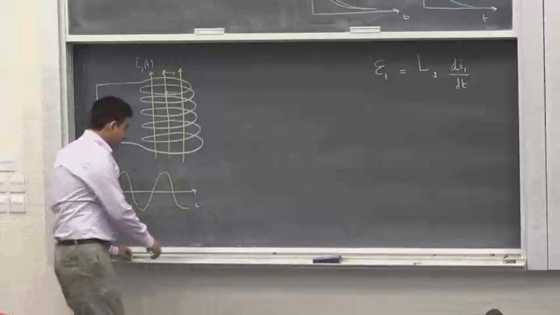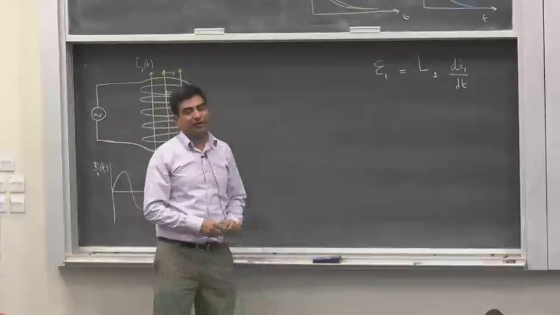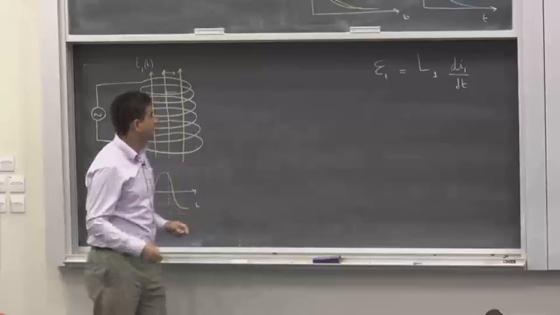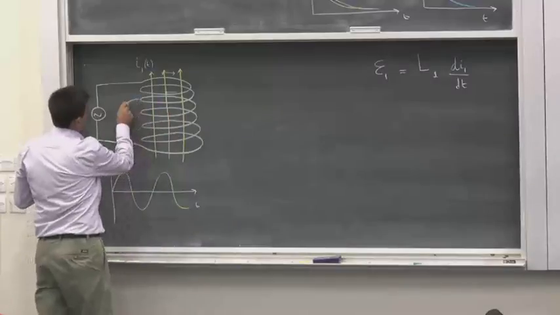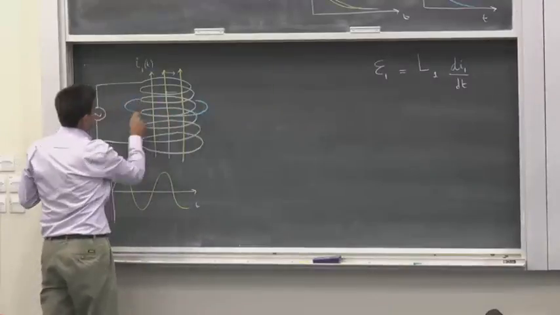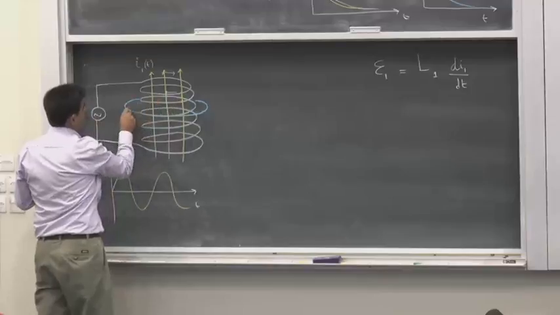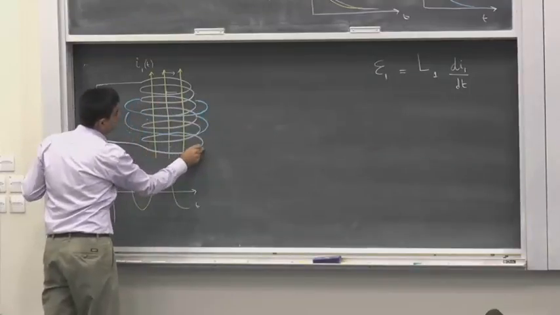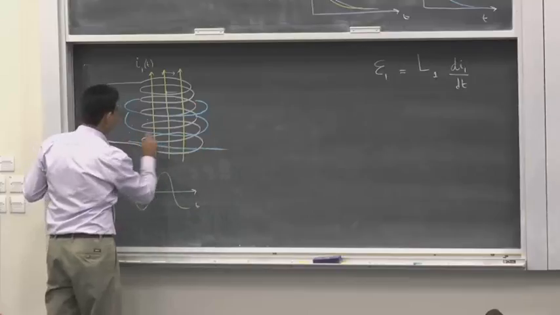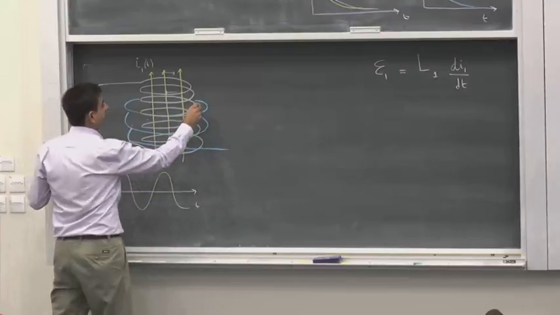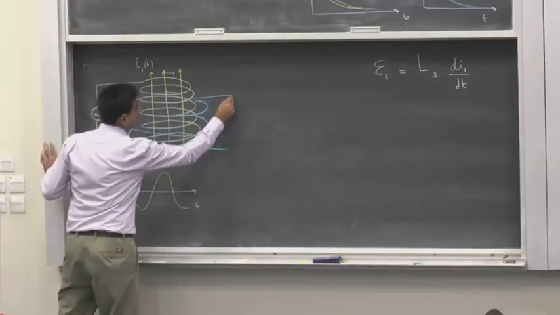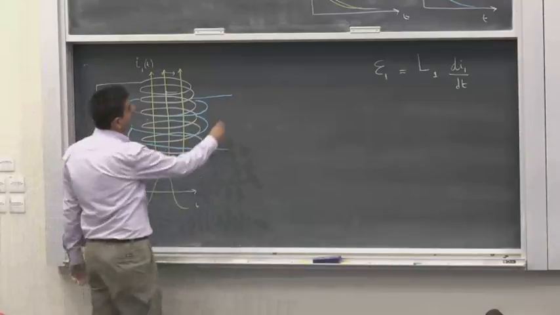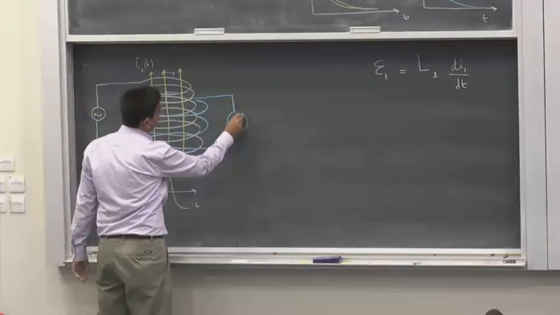Now what I have is another solenoid that is wrapped around this solenoid, and there is no voltage source connected to it. Rather, I have a voltmeter, for example.